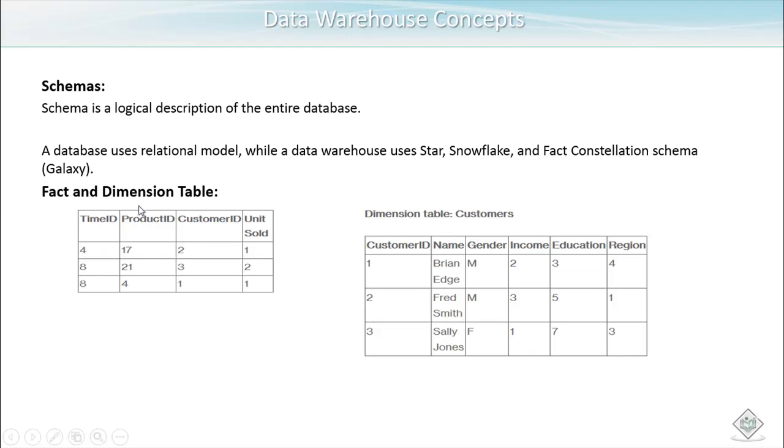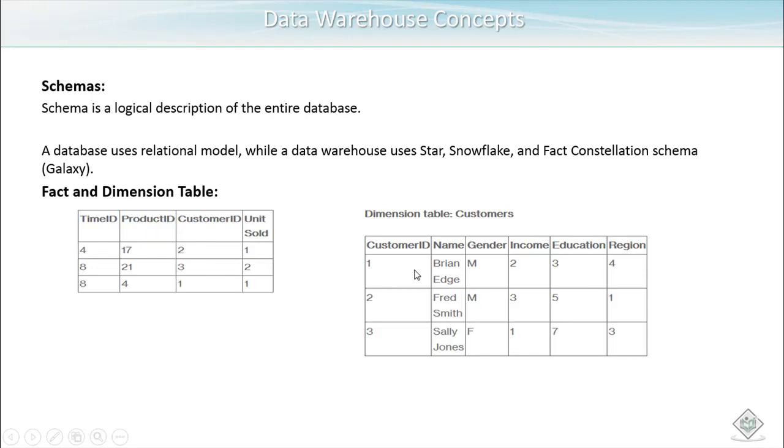When it comes to the operational database, it uses the ER model, that is the entity relationship model, whereas in my data warehouse we have three different forms of schema, which are star, snowflake, and galaxy schema. So this is my fact and dimension table sample.